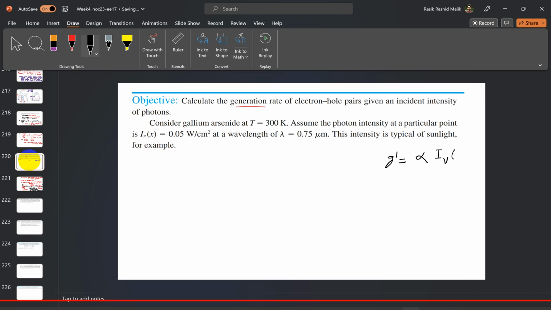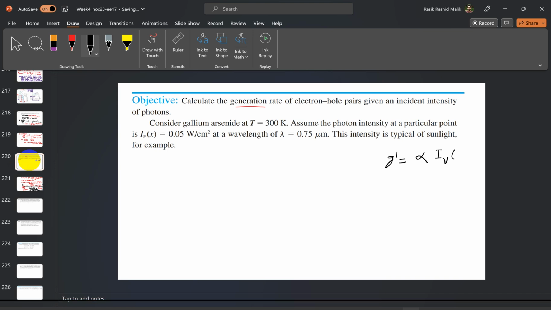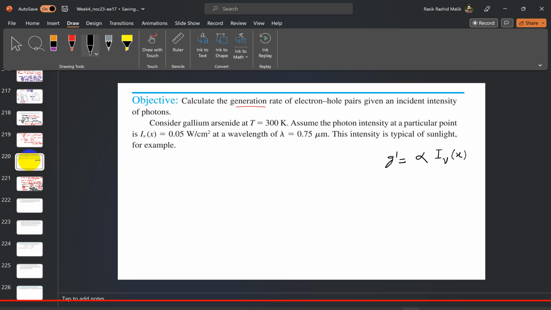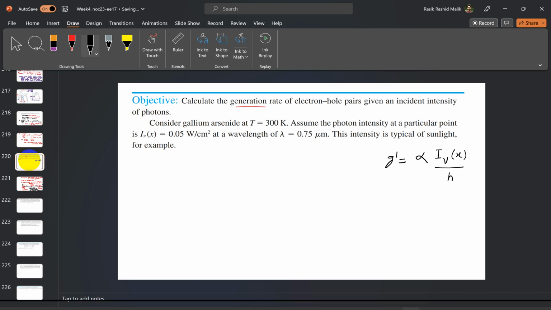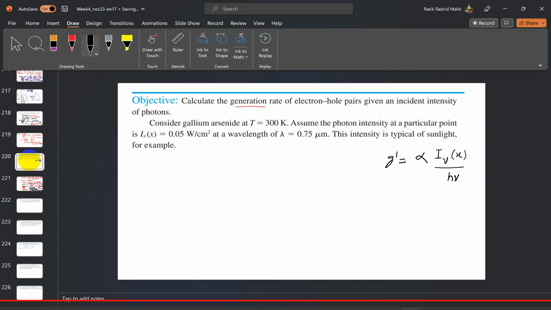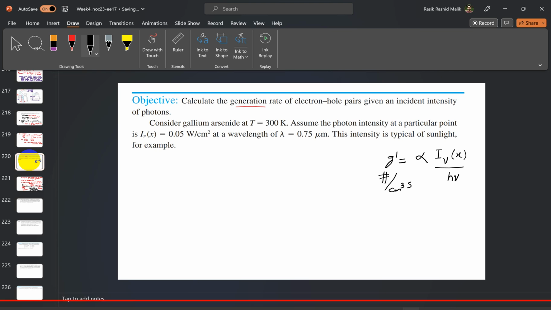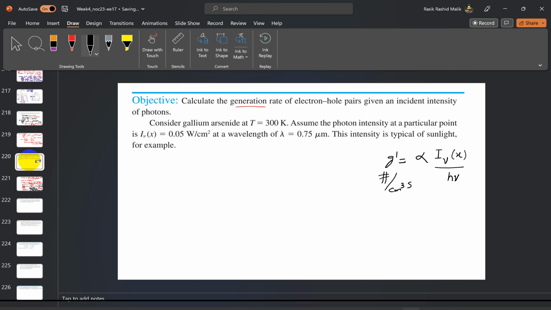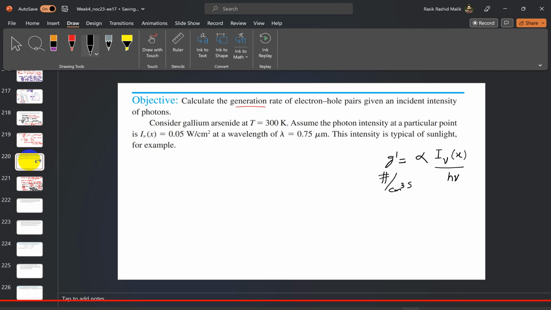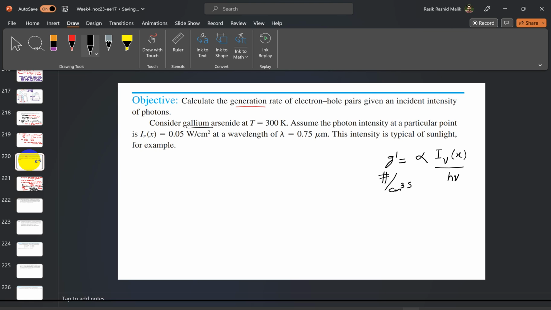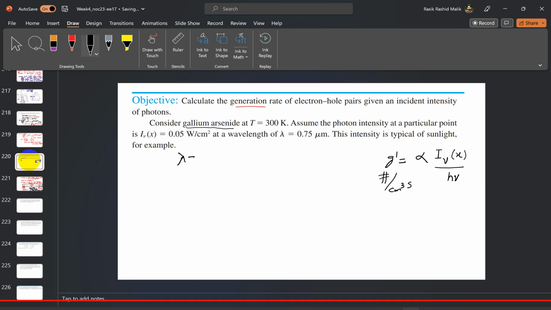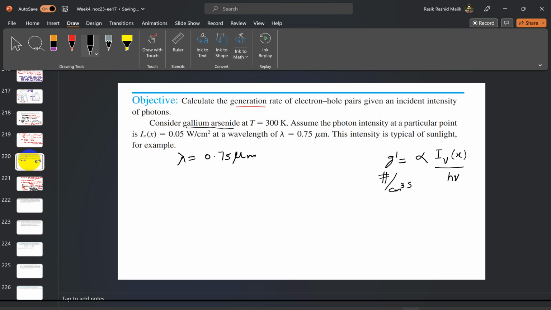So the incident intensity of the photons divided by photon energy, that is the photon flux, into the absorption coefficient, and it will be in the units of number of photons per centimeter cube per second. So for this, we first have to calculate the energy of the photon and the absorption coefficient. And since this is gallium arsenide, we have to look into the figure again: when lambda is 0.75 micrometer, what is the value of absorption coefficient?